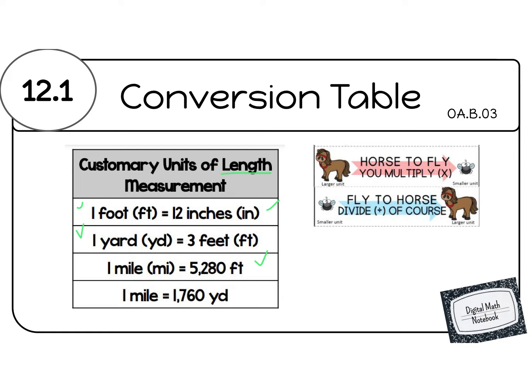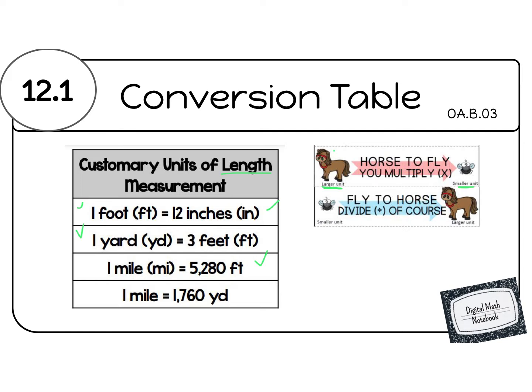The other important thing to remember is whether we're changing from a big thing to a small thing, or a small thing to a big thing. There's a little poem you can memorize to help you remember which way you're going. Here's our little picture. A horse is a big thing, and a fly is a small thing.